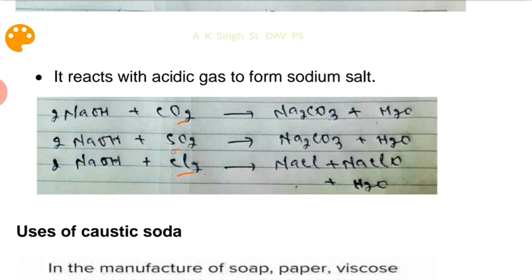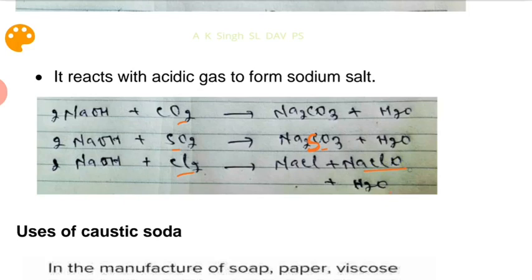When sulfur dioxide gas is passed in sodium hydroxide, then sodium sulfite, Na2SO3, is formed and water is also formed.